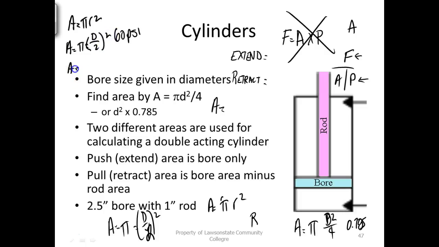Or the area is equal to pi times diameter squared over 4, or the area is equal to diameter squared times 0.785. Any one of those formulas should give you the same answer. Of course, which one do I like to use? 0.785, because that's so much easier. But every one of those is a formula for area.